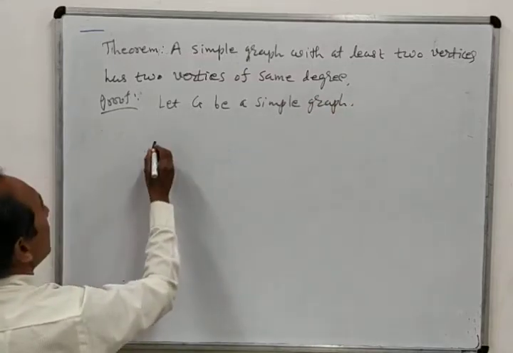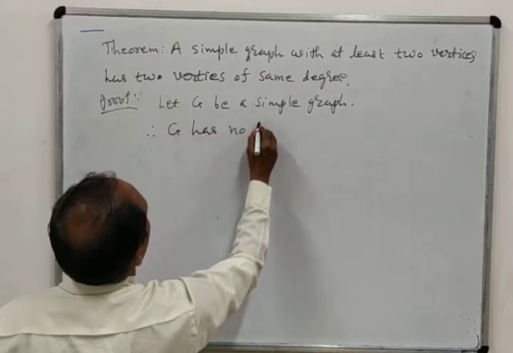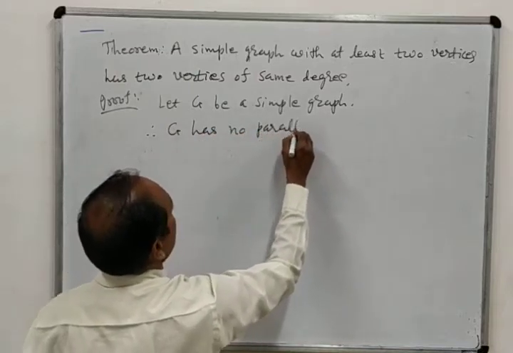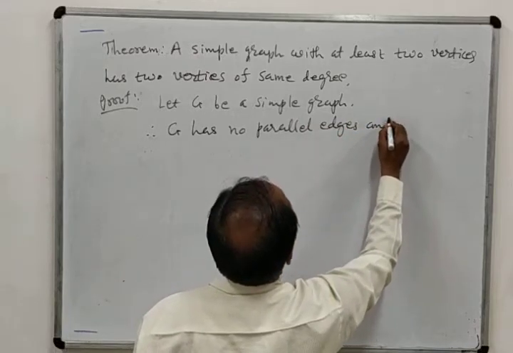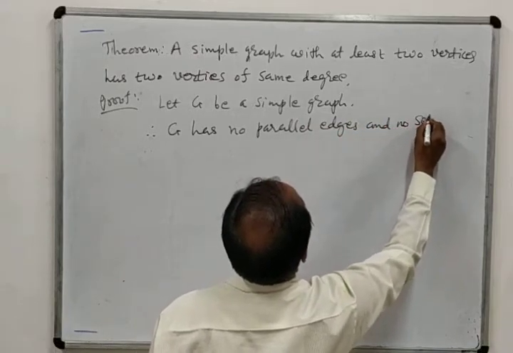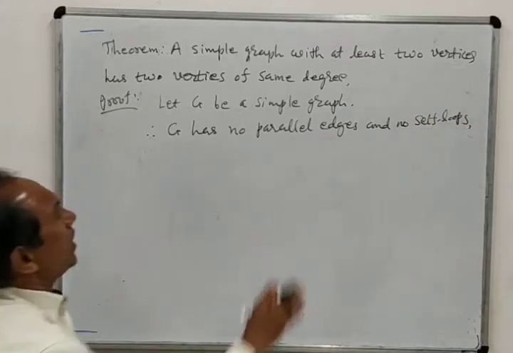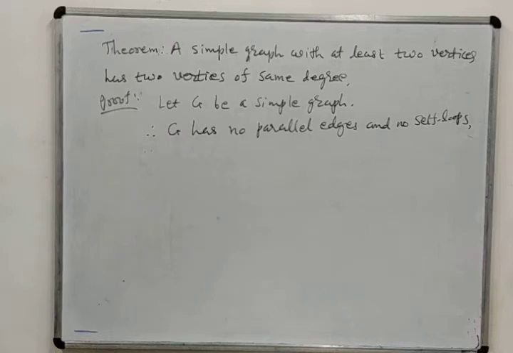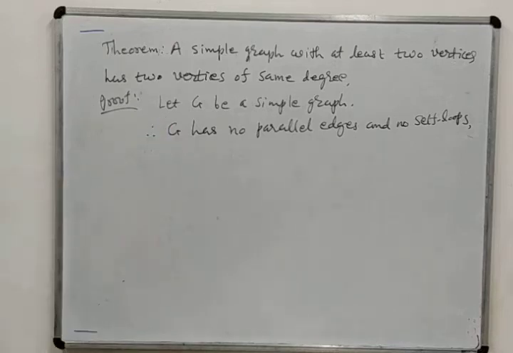Therefore, G has no parallel edges and no self loops. Okay? You can also write this as G has neither parallel edges nor self loops. So this is the concept from the definition of a simple graph.